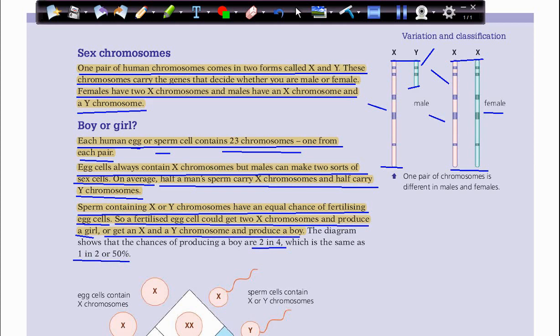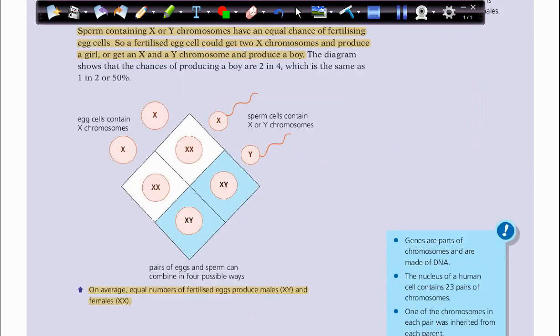Let's see the diagram. So here we have chromosome X, chromosome Y, 2 sperm cells, okay? Half of the sperms with X and half of the sperms with Y. And also we have here the egg cell X, because we said the egg cell contains only X chromosomes, but the sperm cells contain X or Y chromosomes.